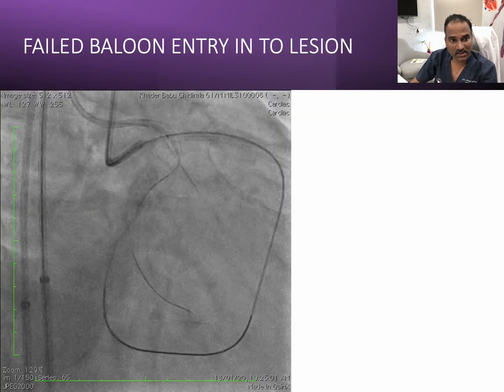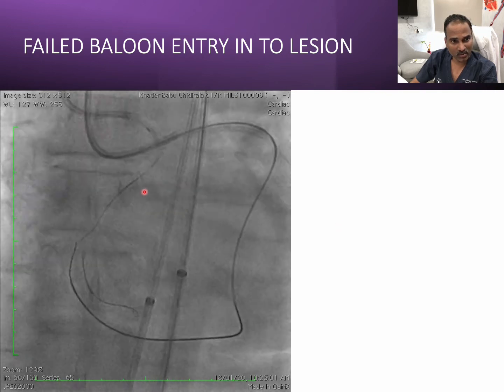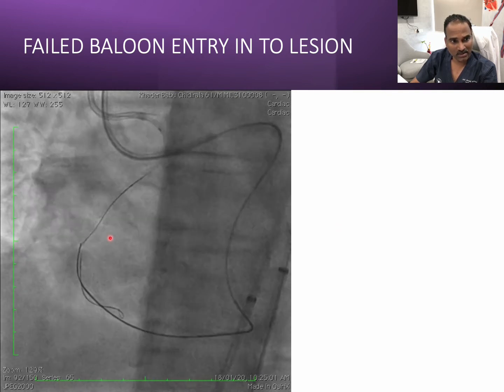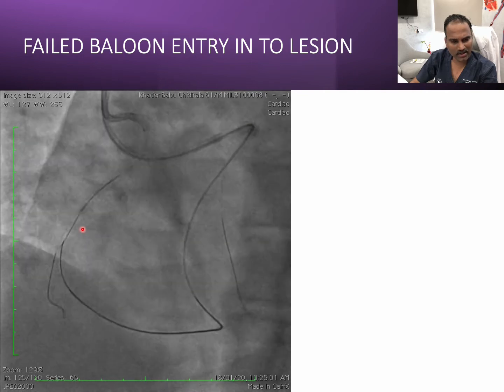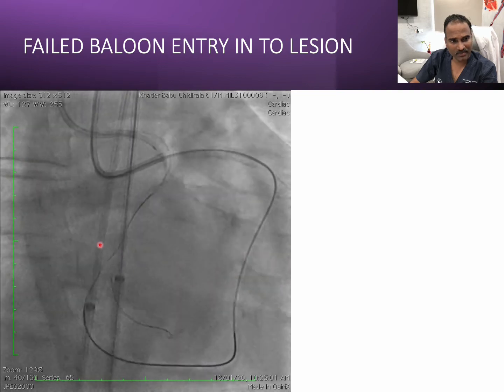So that is when we redirected the wire, and then we tried advancing antegrade balloon over the Hornet wire, but the balloon didn't enter the CTO lesion.